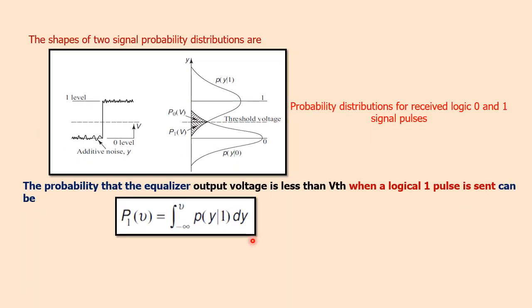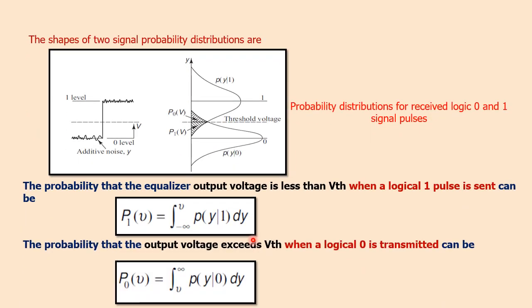Here consider the shapes of two signal probability distributions. One represents the probability distribution of a received logic 0 and the other the probability distribution of received logic 1 signal pulses. From the shape of these two signal probabilities, we can write the equation for the probability that the equalizer output V out of t is less than the threshold voltage V_TH when logic 1 is sent.